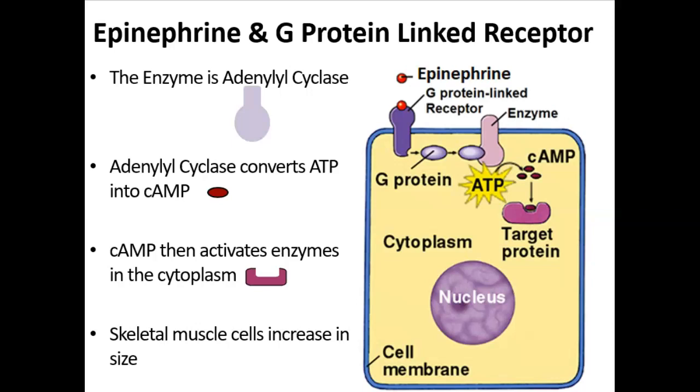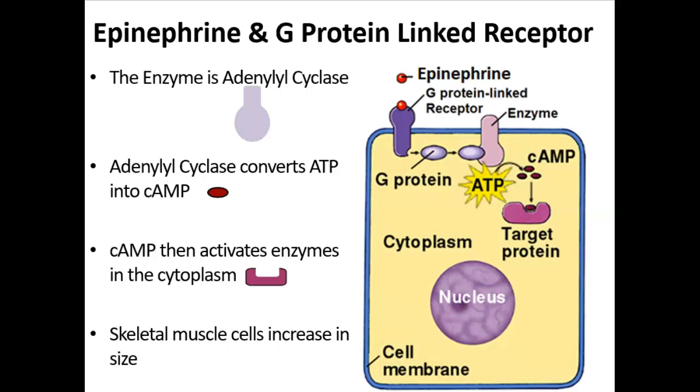Epinephrine works through a G protein linked receptor. When epinephrine binds to the G protein linked receptor shown in purple, the G protein is activated. The G protein then activates a nearby protein called adenylyl cyclase.